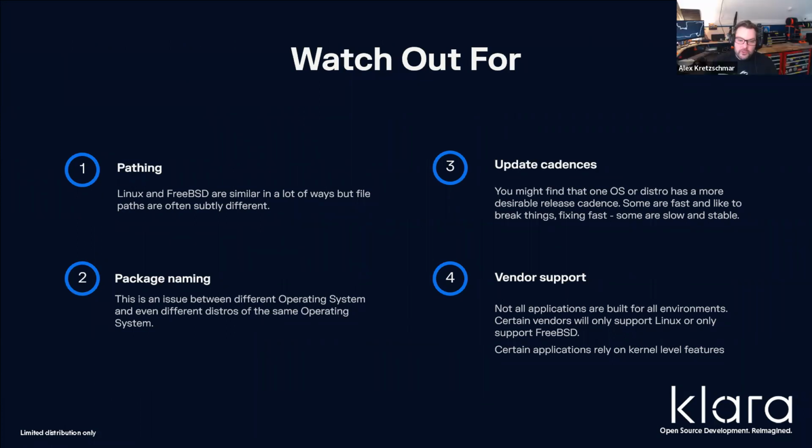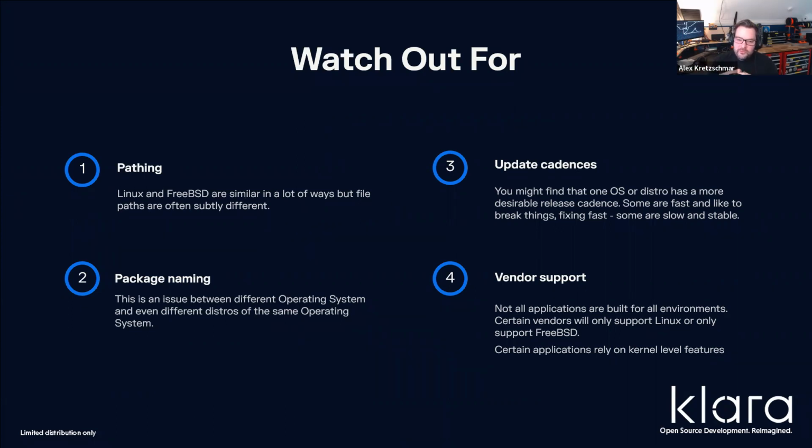A couple of things to watch out for. We touched on this briefly already, but between Linux and FreeBSD, which are the primary targets of this webinar, at least, there's a lot of similarities. But if you boot up a FreeBSD system and you're a Linux guy, that's my role in this conversation, you'll go and run some commands and you'll be like, these things aren't quite where I expect them.